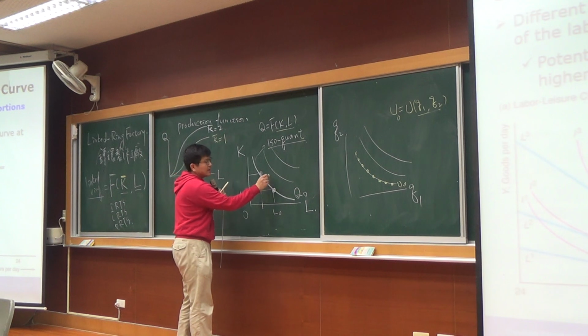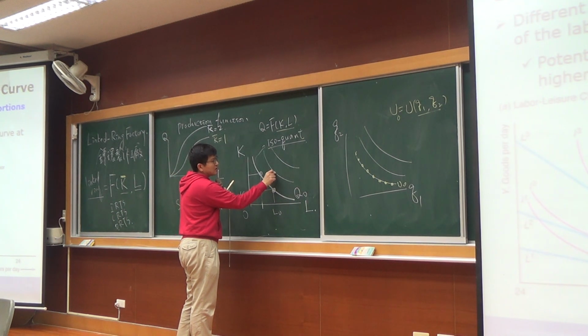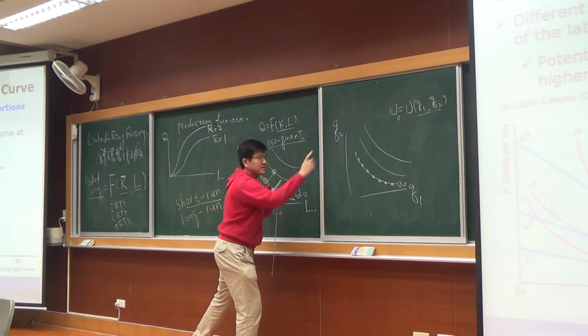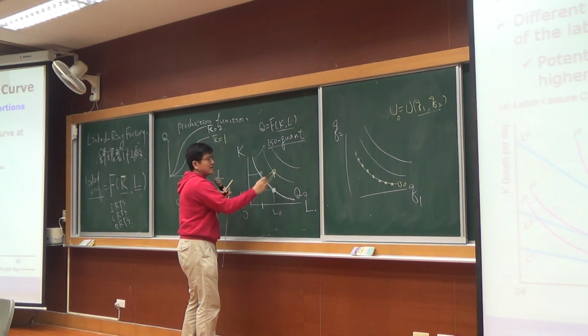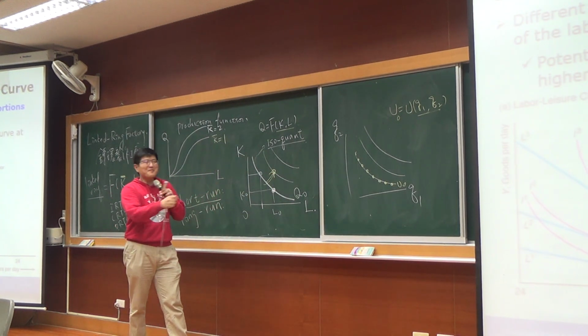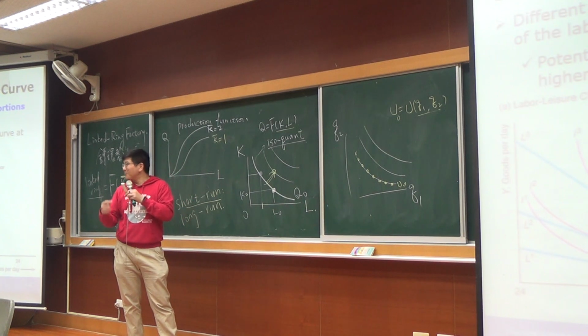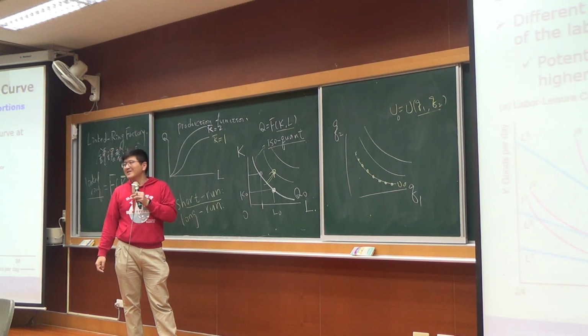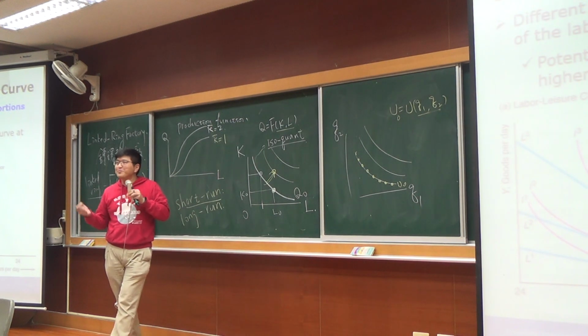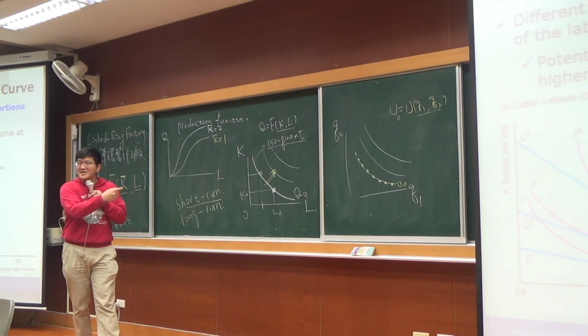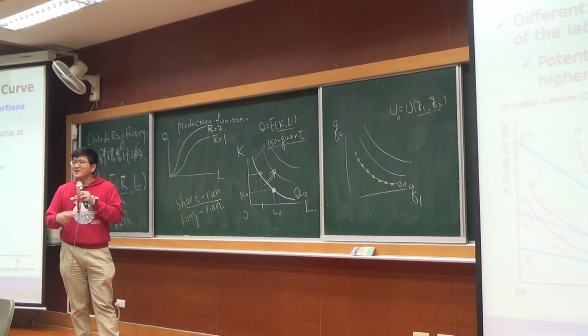And as you see, the more the better. The more input combinations, the more output we may have. It's quite intuitive, right? The more input you throw into the production function, the more output you get.